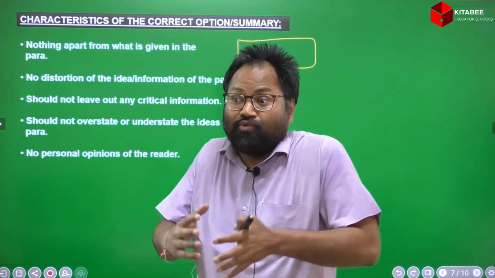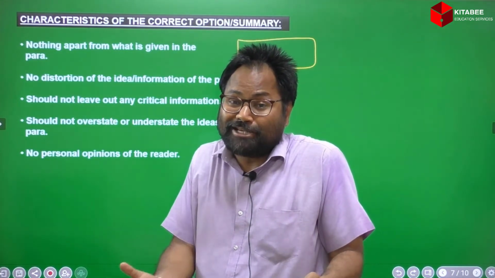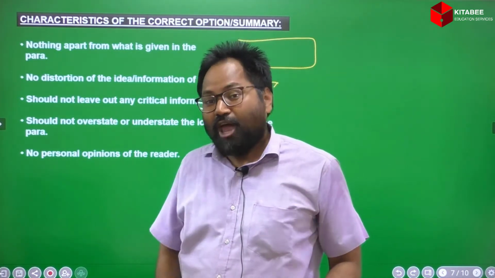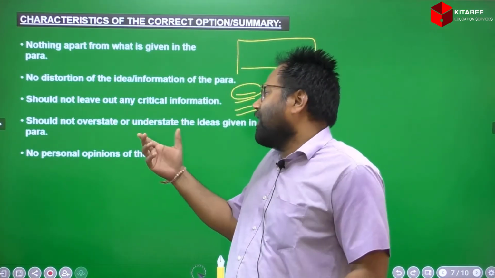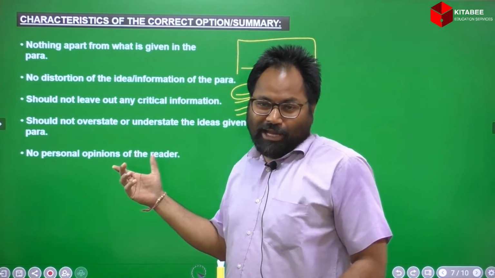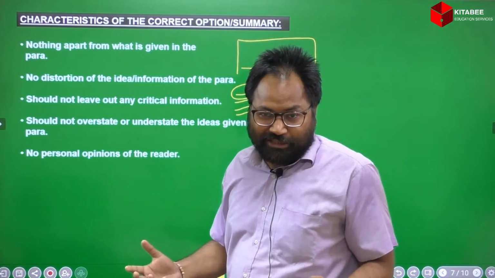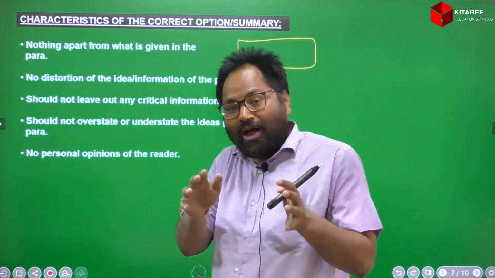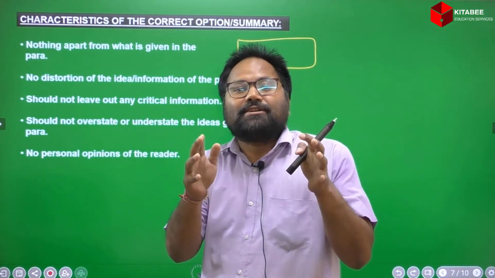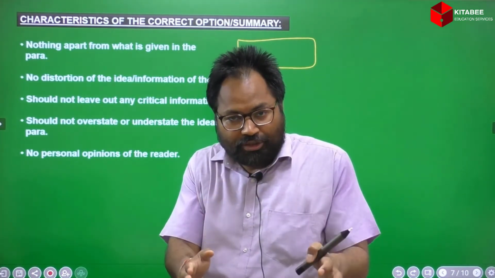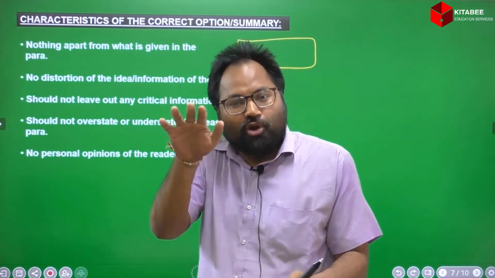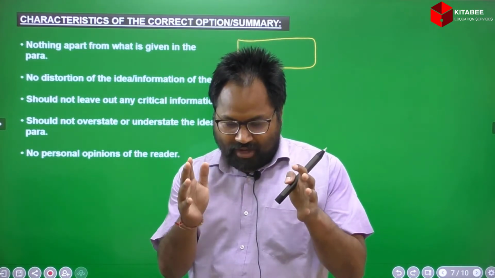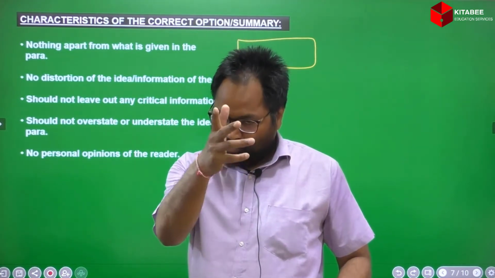It should not have words that exaggerate what is given in the paragraph, and it should also not understate, meaning give less. You have to give what has been given by the author. Not overstate, not understate. You have to keep the author's position as it is.